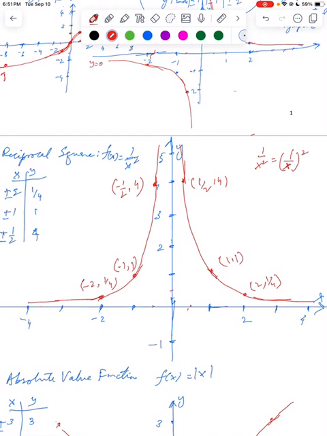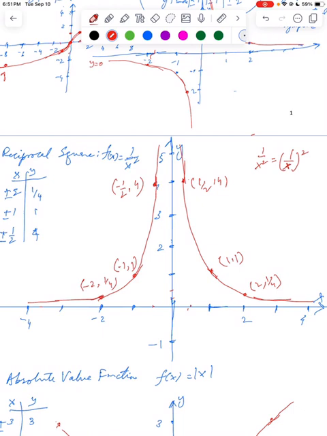So at 1/2, we can see that when the graph goes to the right, it's getting closer and closer to the x-axis, and similarly when it goes to the left, it gets closer to the x-axis. But what happens between maybe negative 1 and 1?